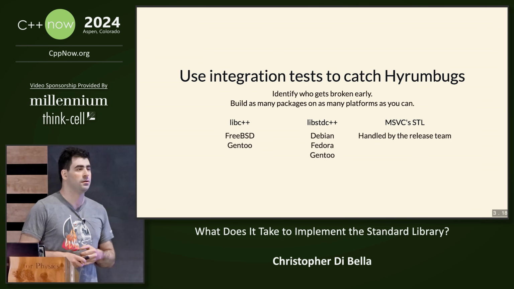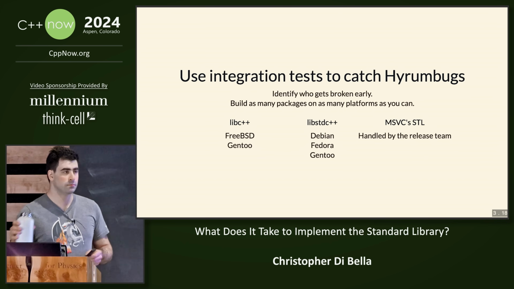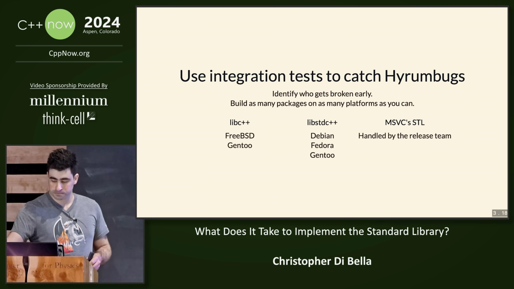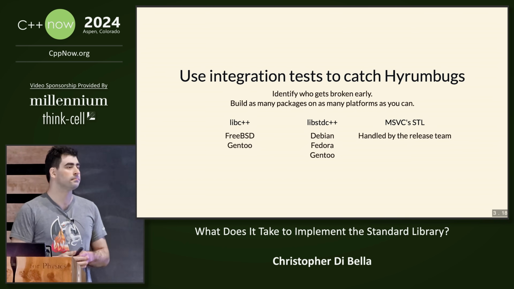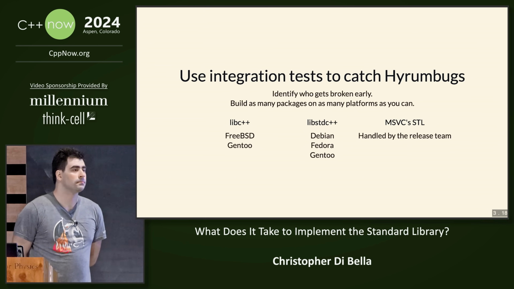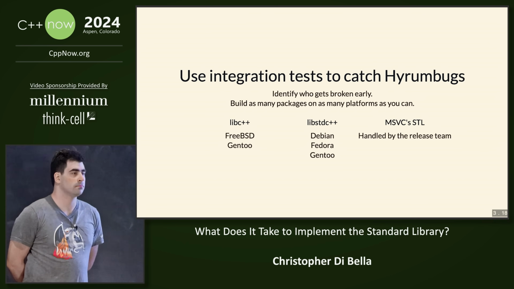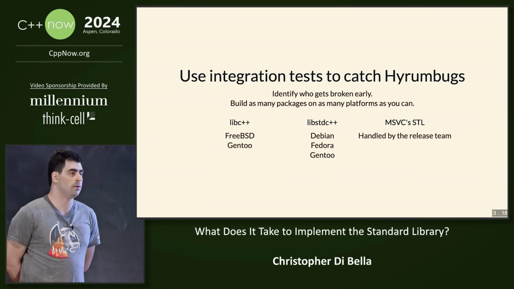The second question is, when you say that you're building everything, is it because some of the OSs are already built with those libraries? Sorry, one more time? The OSs are already built with those standard libraries.